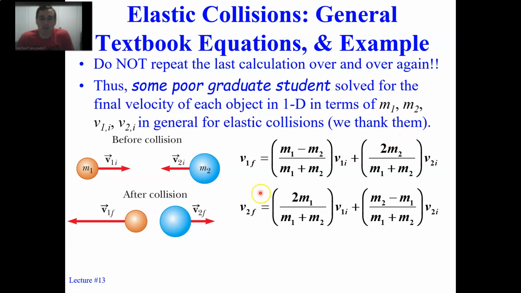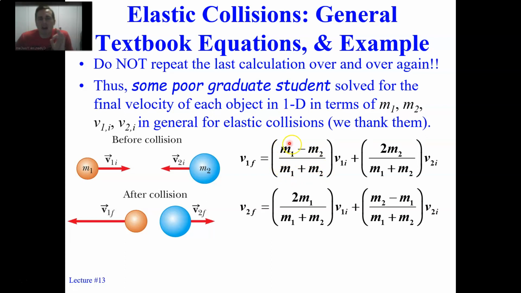Notice that if two objects undergo a one-dimensional elastic collision, then the final velocity of object 1 is given by this equation, and the final velocity of object 2 is given by this equation. Let's take a look at these two equations. Notice that the final velocity of mass 1 depends upon the difference between the masses, mass 1 and mass 2, over the sum of the masses.